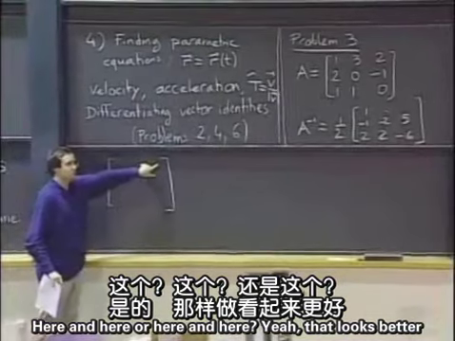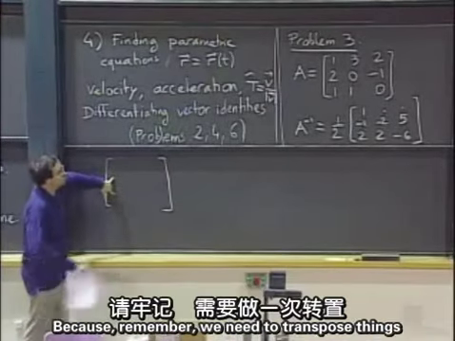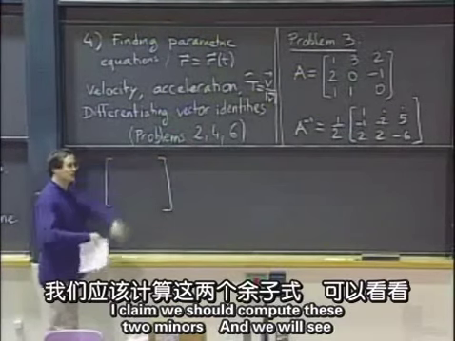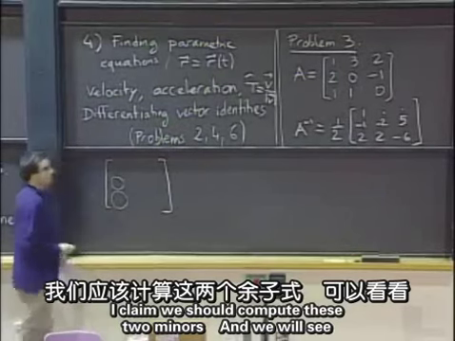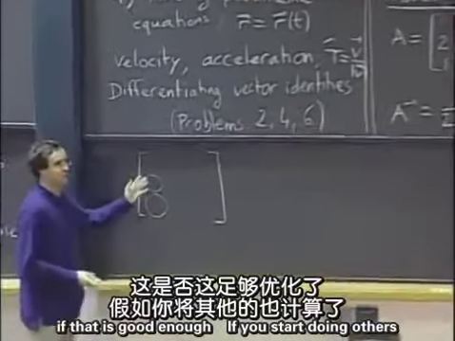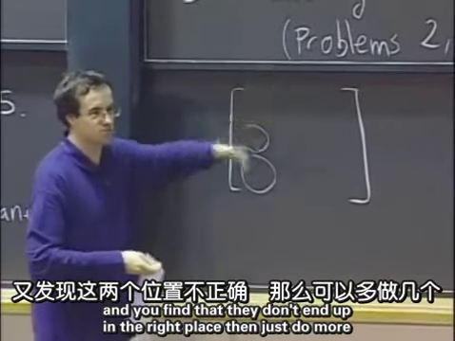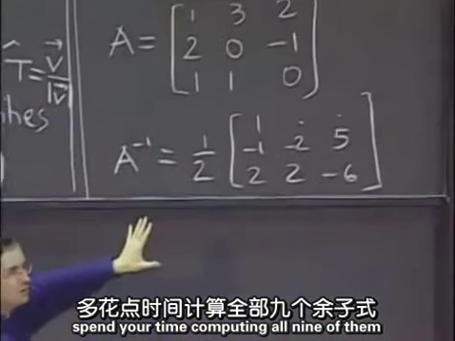Here and here, or here and here? That looks better, because remember, we're going to transpose things, so these 2 will end up here. I claim we should compute these 2 minors, and we'll see if that's good enough. If you find that they don't end up in the right place, then just do more. But you don't need to spend your time computing all 9 of them.